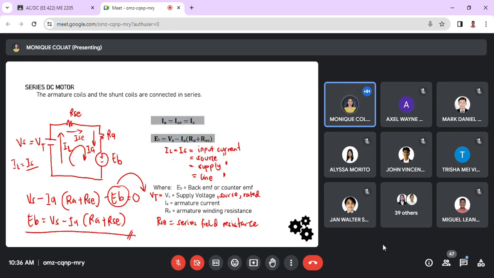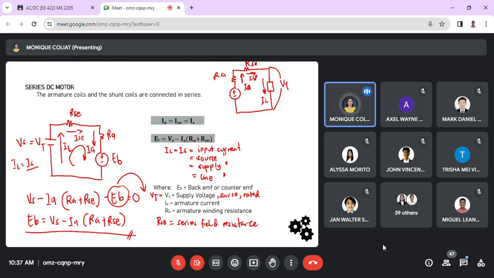Okay, so isipin nyo lang yung itsura ng ating DC generator. Ano ba itsura ni generator natin? Diba? May RA, may EG, may RSE, may load dito, or may VT, diba? So we have here RSE, we have RA, IA, ISE, IL.